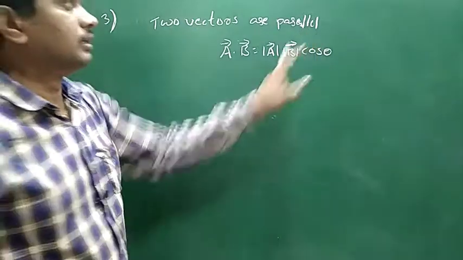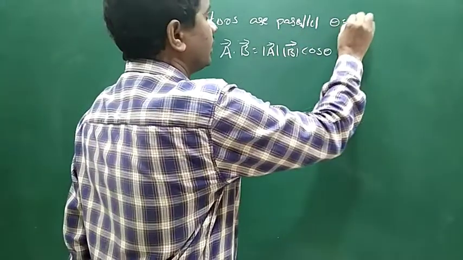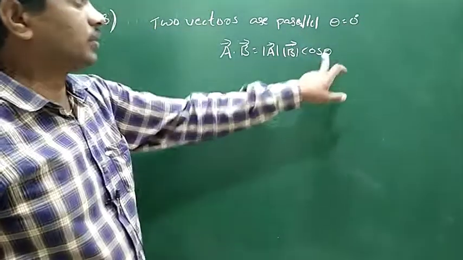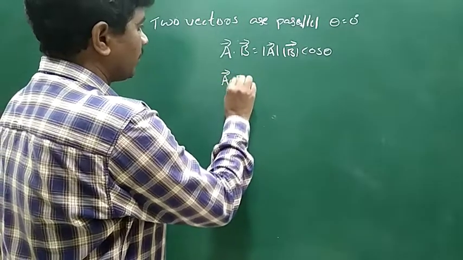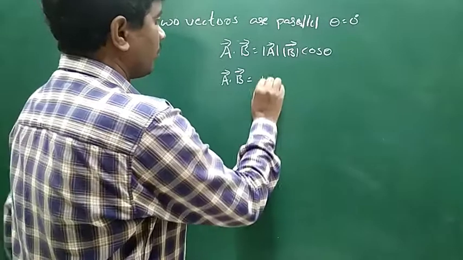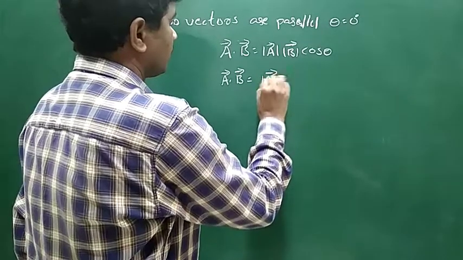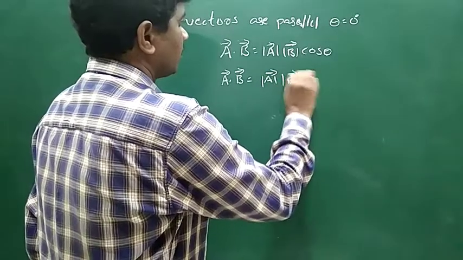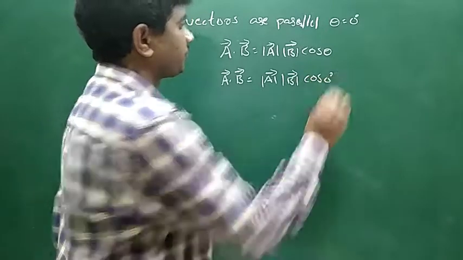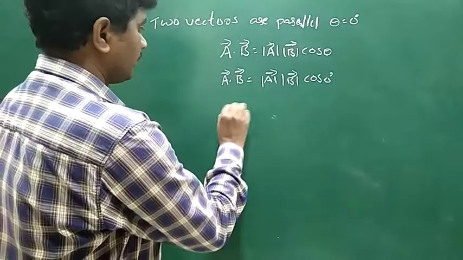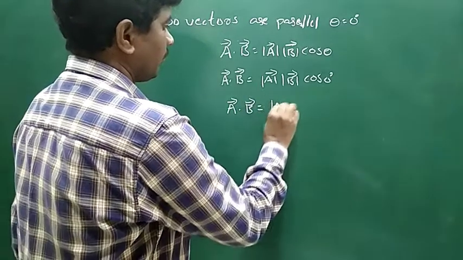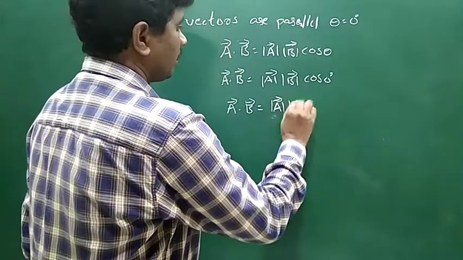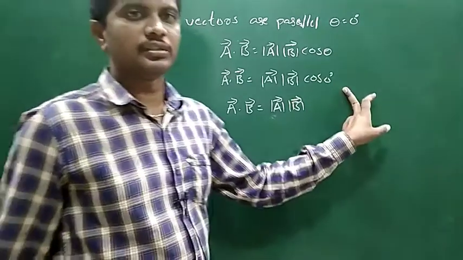Parallel means theta is equal to 0 degrees. Substituting, A bar dot B bar equals mod A bar mod B bar cos 0 degrees, and cos 0 degrees equals 1.